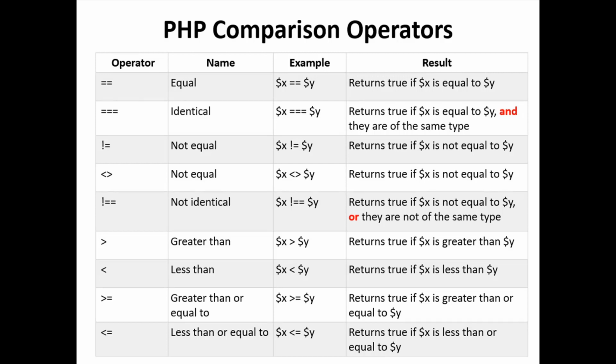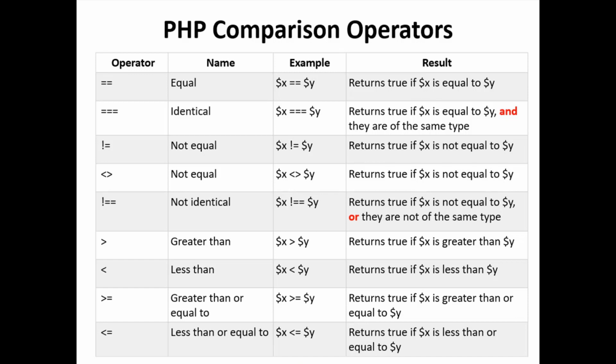So it returns true if x equals y, and if they are of the same type as well. It does not check only the equality, but it checks the type as well. So whenever in the PHP web page you want to check whether the two numbers are identical, you use the triple equals symbol, and if you are checking whether the value of x is equal to 10, then you will be using the equal operator.